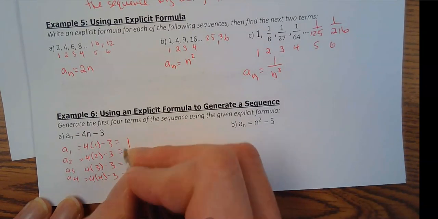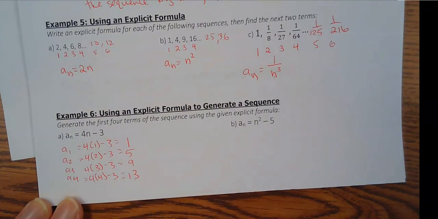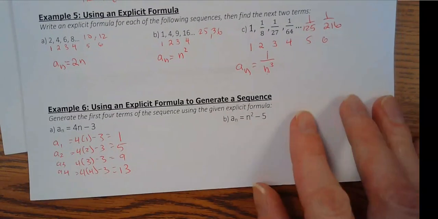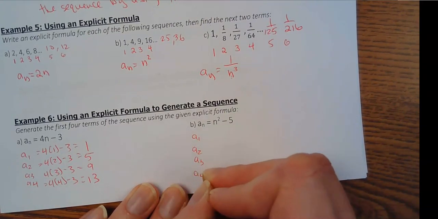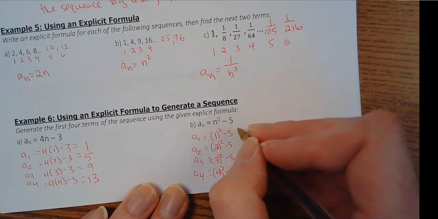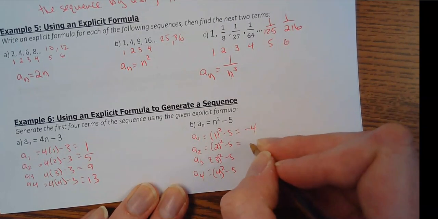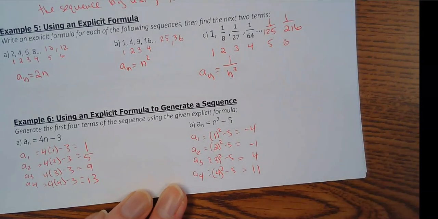So the first one's going to be 1, 5, 9, and then 13. Over here, I'm going to write them down. I plug them all in and I get -4, -1, 4, and 11 when I plug those in.